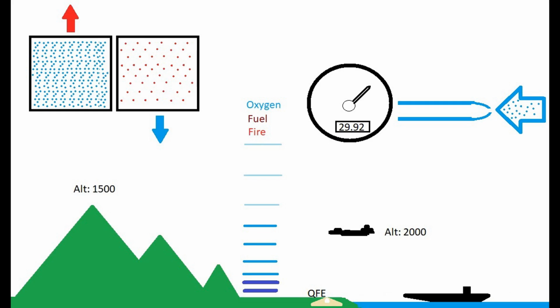That's that little number. Now, the standard textbook condition is 29.92 inches of mercury, and I think it's something like 1013.25. I'm just pulling that off the top of my head for hectopascals.